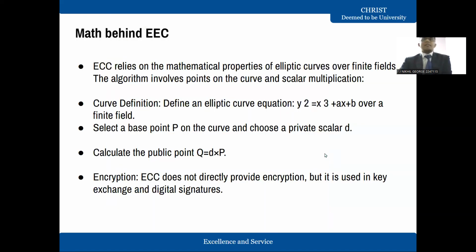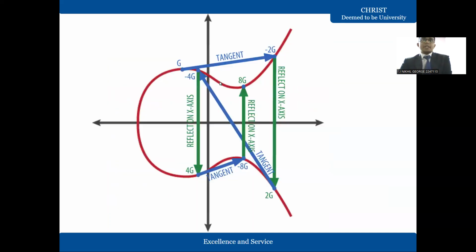So here, if we think about it, the mathematical property of an elliptic curve over a finite field is being used. Here, what happens is a scalar value. When you make a tangent like this, it forms a vector on a two-dimensional plane.